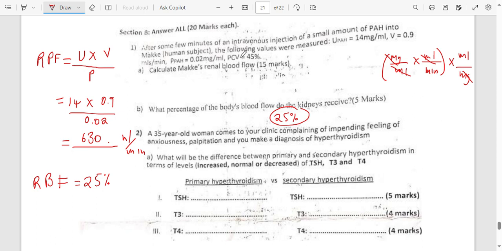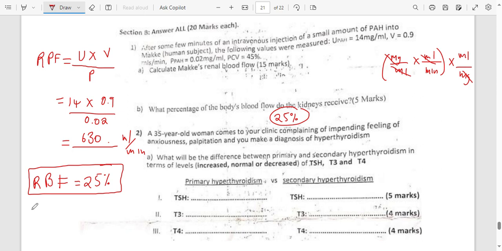You've also been told the packed cell volume. Packed cell volume represents how much of the blood is red blood cells. But we know that 25% of all the blood that comes from the heart goes to the kidney, the renal blood flow.